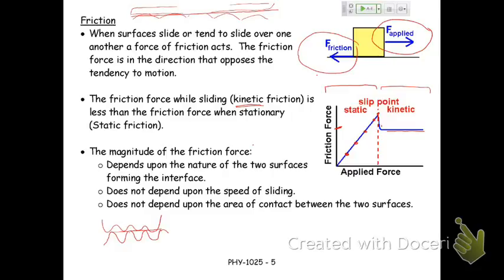But when you stop moving, or before you start moving, this top piece settles into the bottom piece. And so it finds a better fit. Now there's more of an overlap. There's less overlap here. There's a lot more overlap here. So to get this thing going, I've got to push it so hard that it actually climbs out of the valleys. And so that climbing out of the valleys is that bit there.